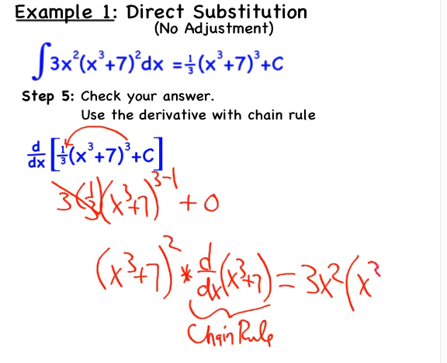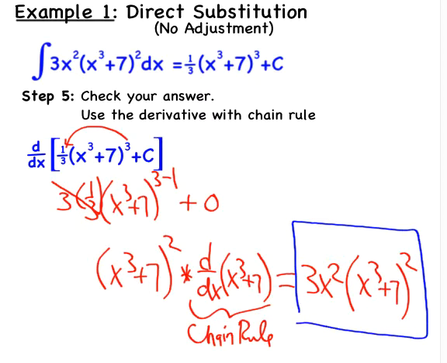And we have the x cubed plus 7 to the second power. So this is the problem that we originally started with. So we showed that our answer is indeed the antiderivative to 3x squared times x cubed plus 7 to the second power by taking the derivative of our answer.